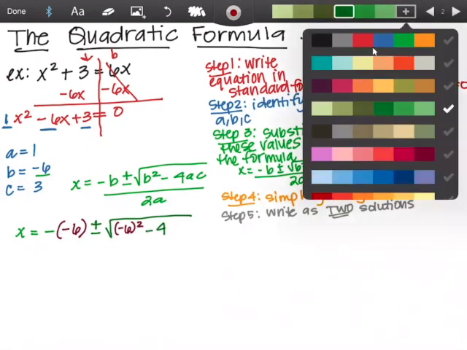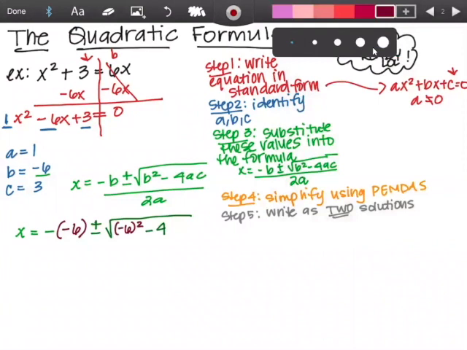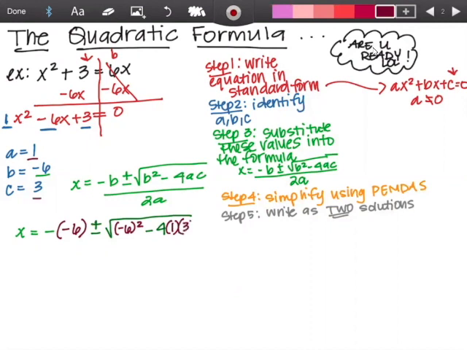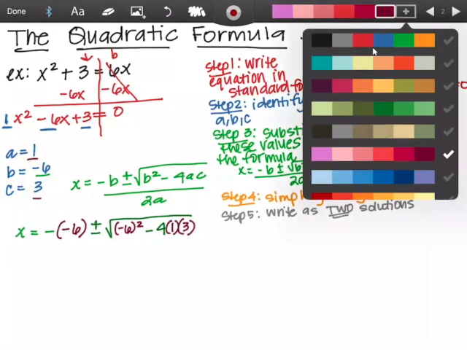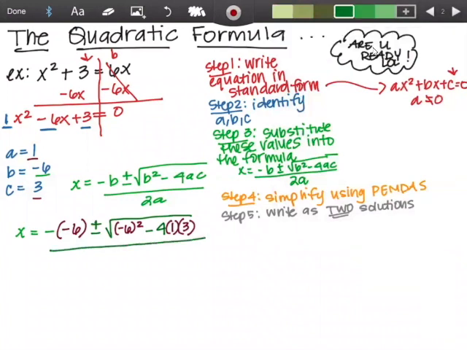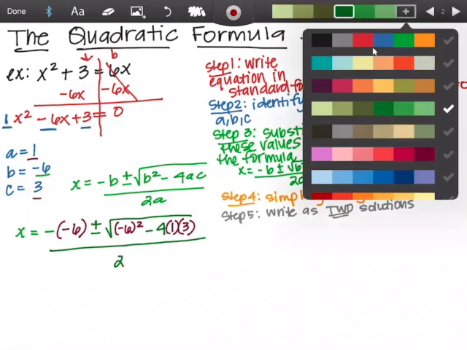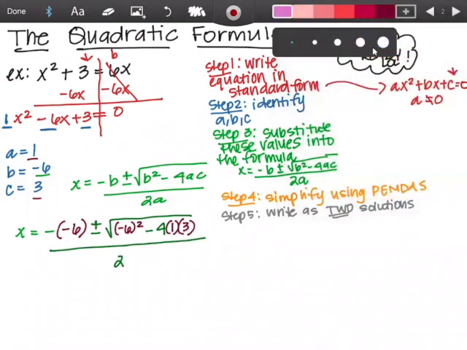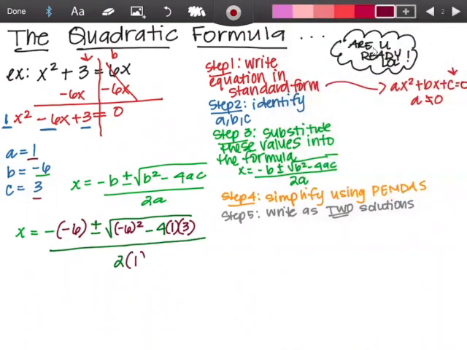A is going to be 1, right? So times 1 times c, which is 3. And then I'm going to put it over 2 times a, and a is 1. All right, so all of the variables are substituted.